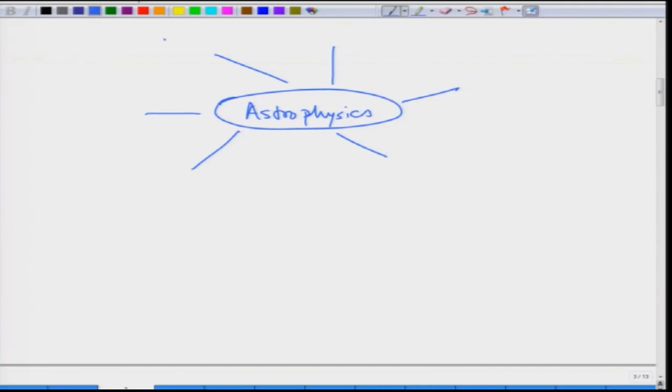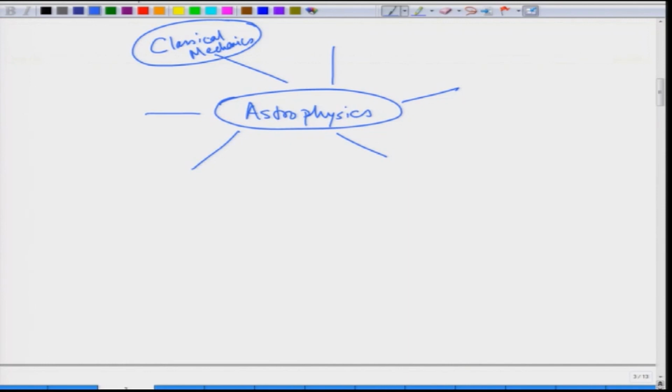One is of course classical mechanics, because we will mainly be interested in the motions of the particles. So we have to understand how Newton's law can be used there.